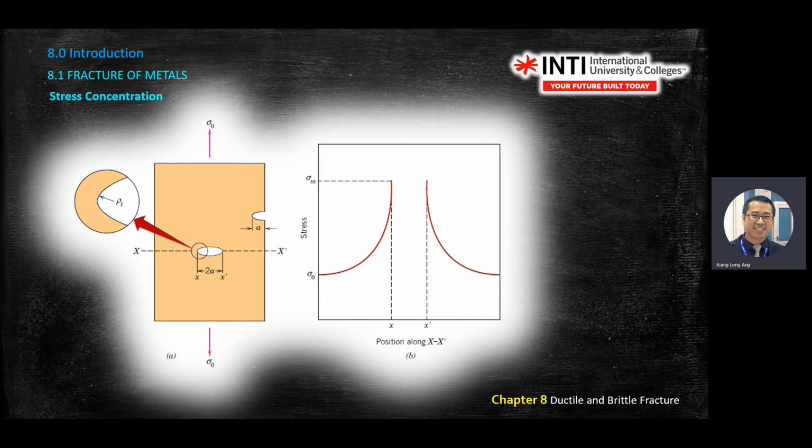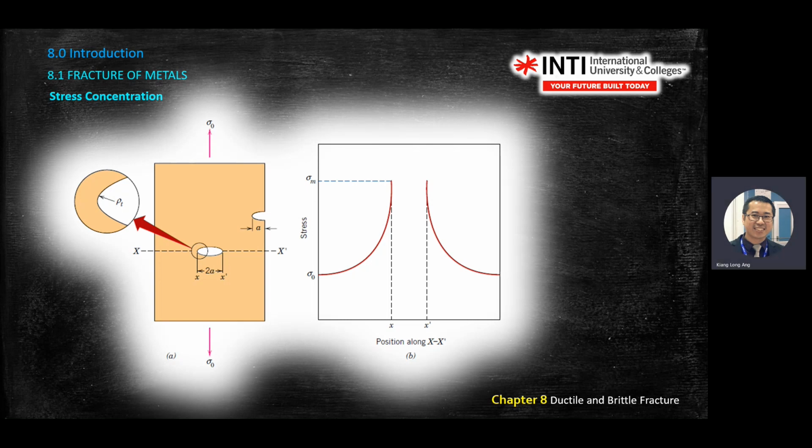Then you plot a graph. On the graph, x prime is the hole here, or cavity here. I'm not sure whether you have heard about stress concentrator or stress concentration area. That is where failure starts to happen. You can see on the graph here is stress versus position.